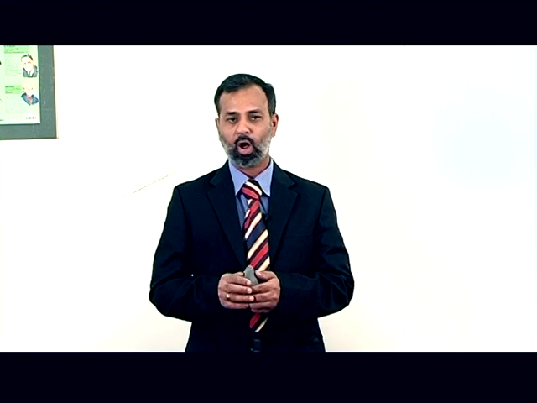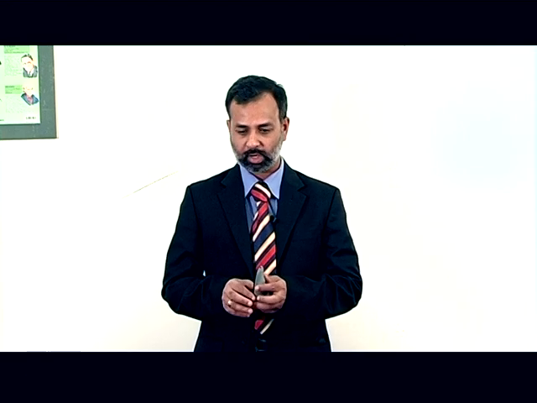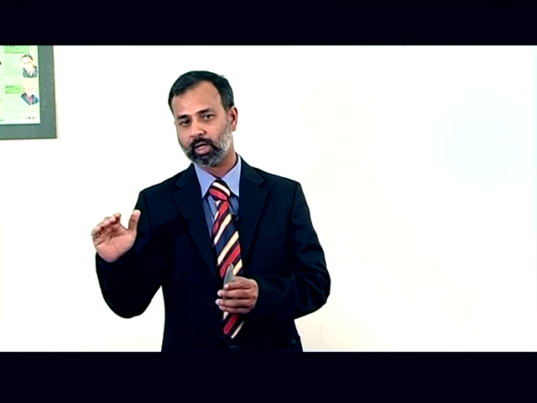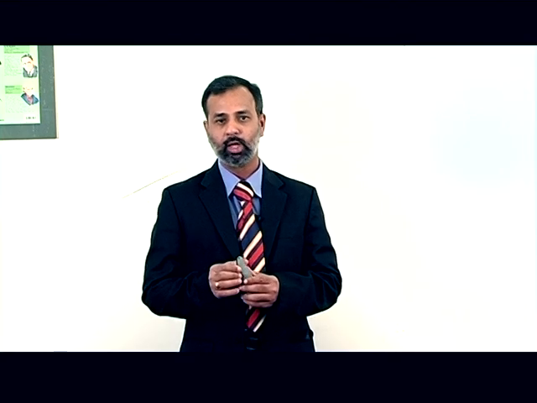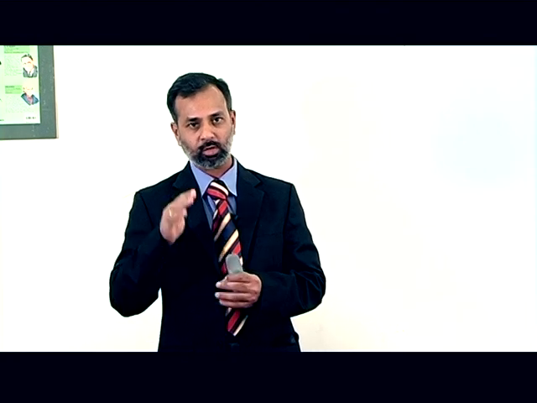According to section 10, all agreements are contracts if they are made by free consent of the parties competent to contract, for a lawful consideration and with a lawful object, and are not expressly declared to be void. See, this is the exact definition of section 10.